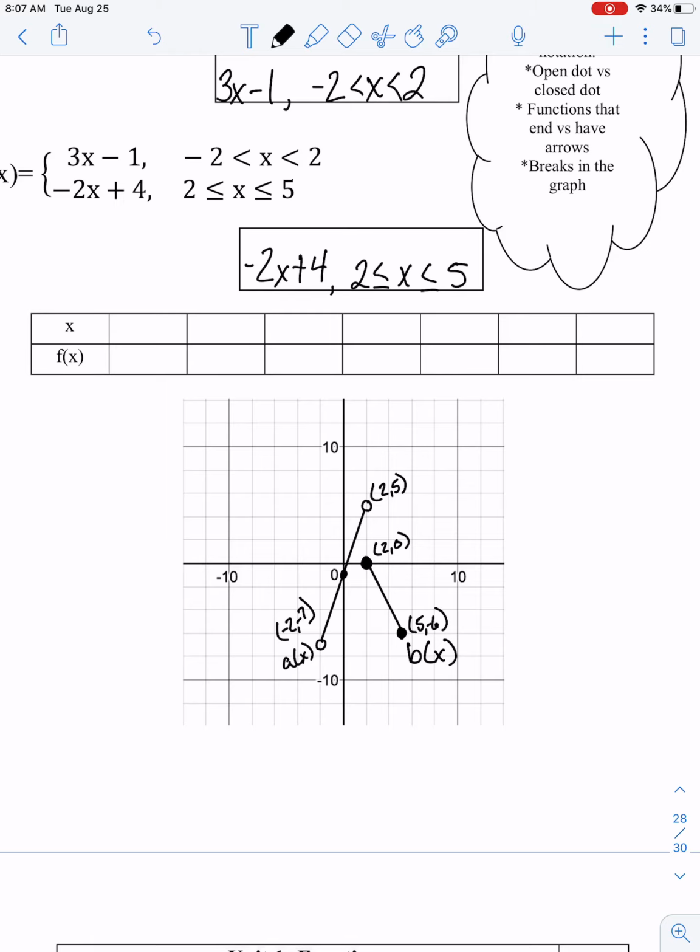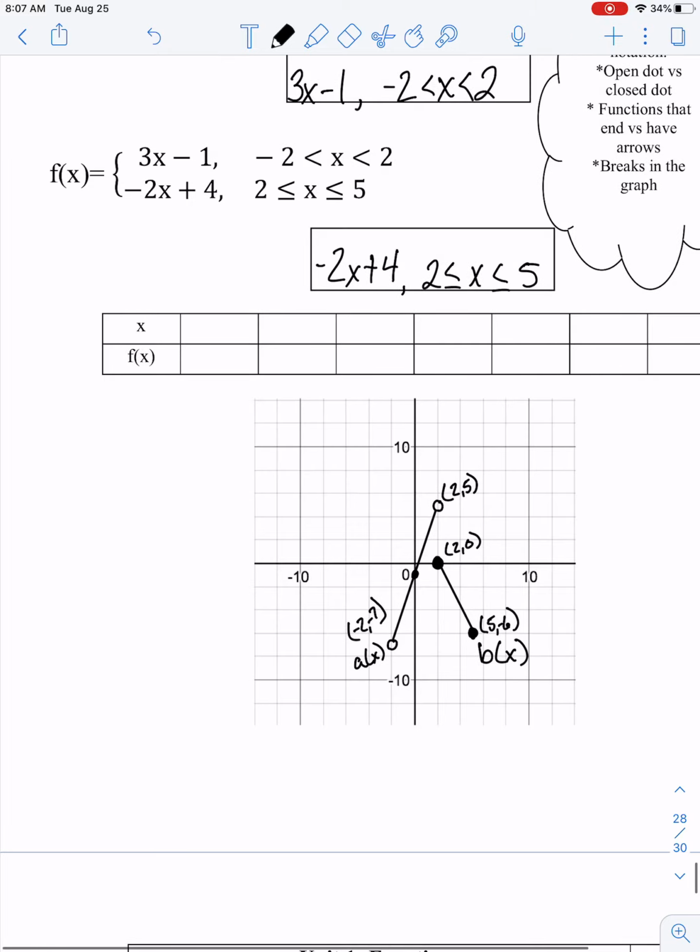Once you get it plotted, it turns back to a simple domain and range kind of question. What I recommend doing is finding domain of a of x first.